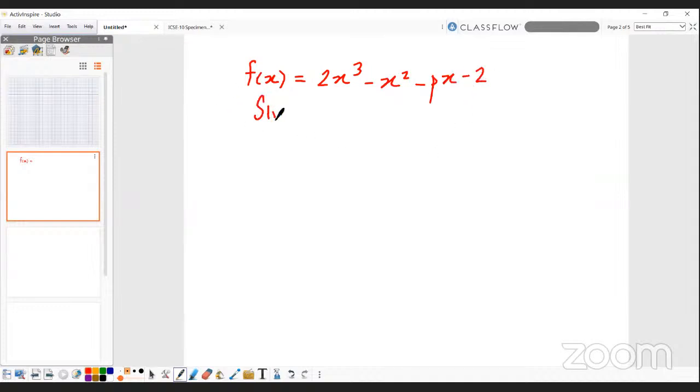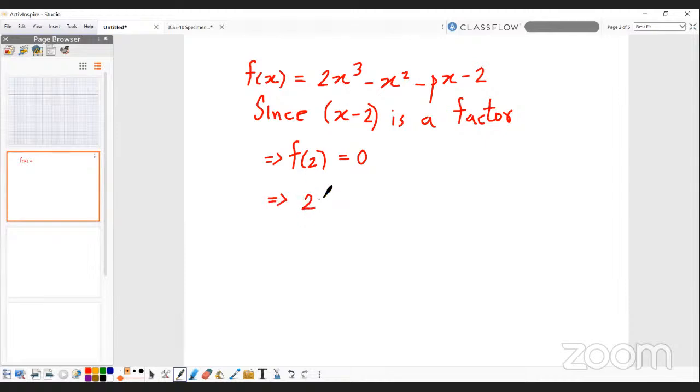Since x minus 2 is a factor, so you can say that f of 2 will be equal to 0, right? So let's put the value in this expression, x equal to 2.